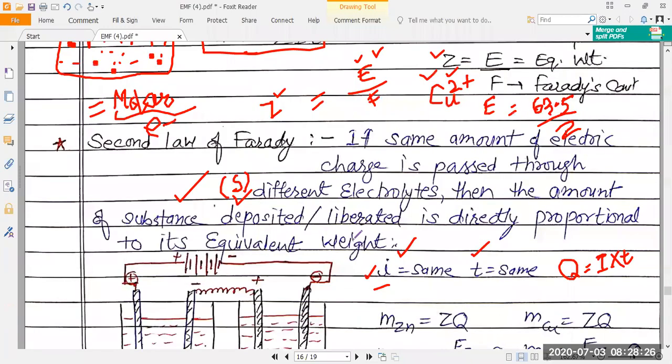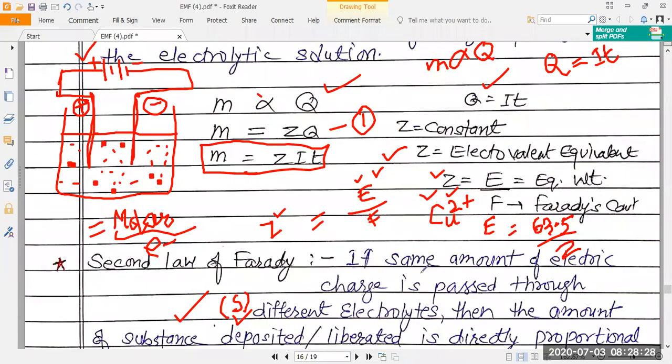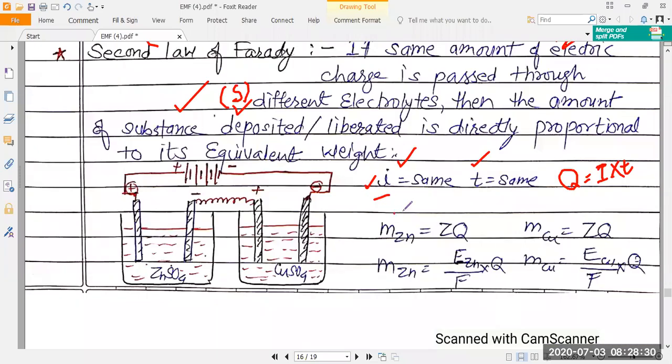then according to the first law of Faraday, m is proportional to q. We can write here m for zinc, because we have taken zinc as the electrode.